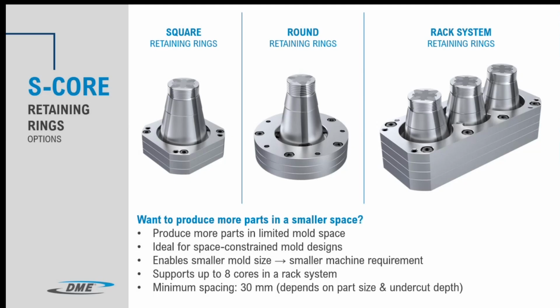In this version, we can use our rack system, and the minimum distance is 13 millimeters, but it's up to the dimension of the undercut and also of the part. And we can place a maximum of 8 cores in a rack system. So you can see it's not so critical when you do not have so much space in your tool. We have a solution for you. Next slide.